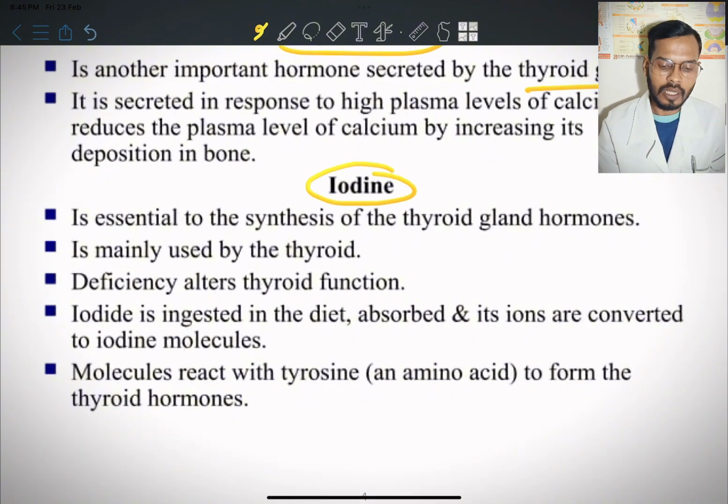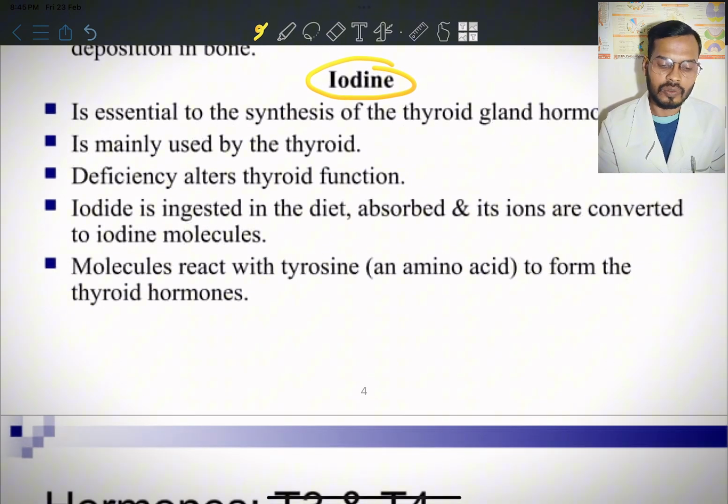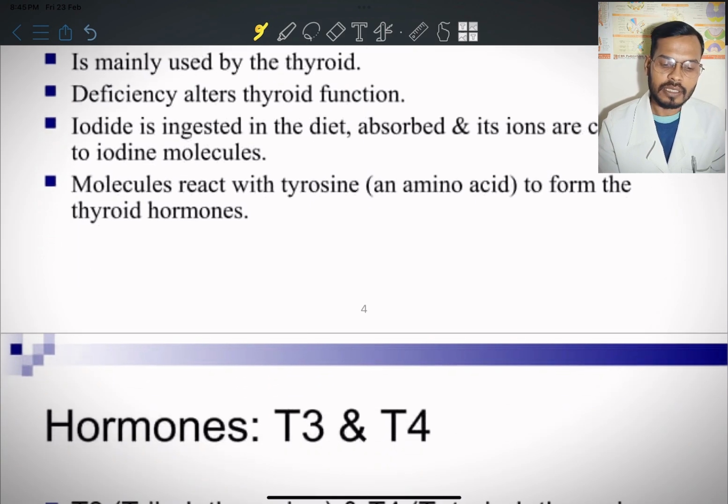Iodine is essential to synthesize thyroid hormone, and it is mainly used by the thyroid. If iodine deficiency occurs, the secretion of the thyroid gland is altered. Iodine is ingested in the diet, absorbed, and its ions are converted to iodine molecules.